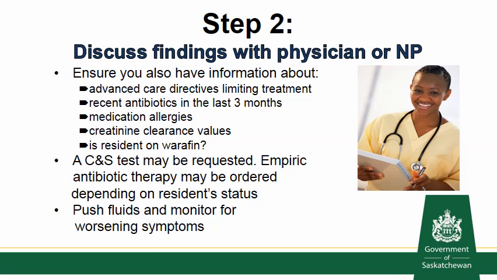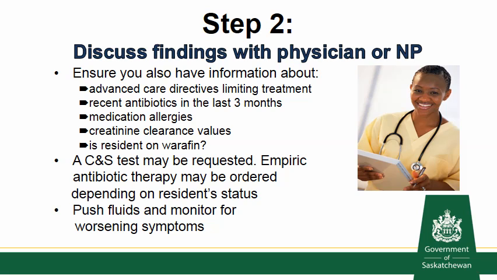Once you have documented symptoms, discuss your findings with your residence physician or nurse practitioner. Information that should be reviewed if the practitioner wants to prescribe an antibiotic will be any treatment limitations in the Advanced Care Directive, recent or current antibiotics the resident is on, medication allergies, creatinine clearance levels, and whether the resident is on warfarin, as it can interact with antibiotics.